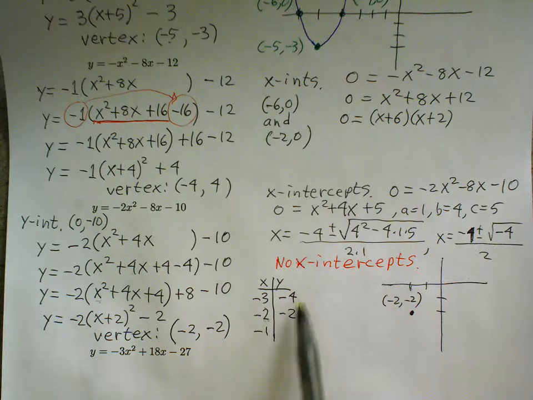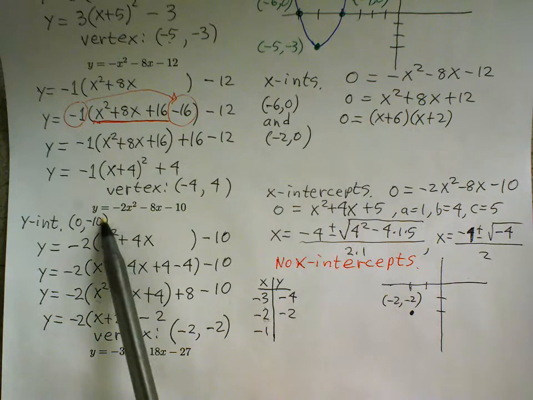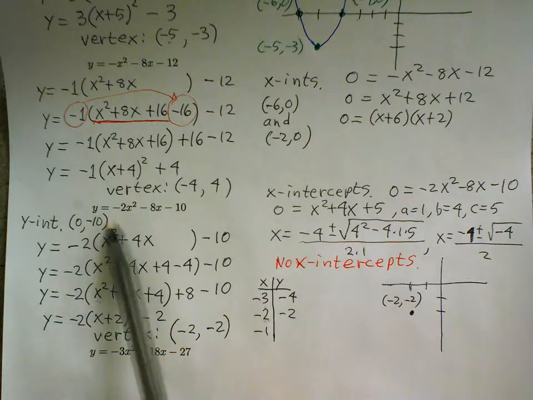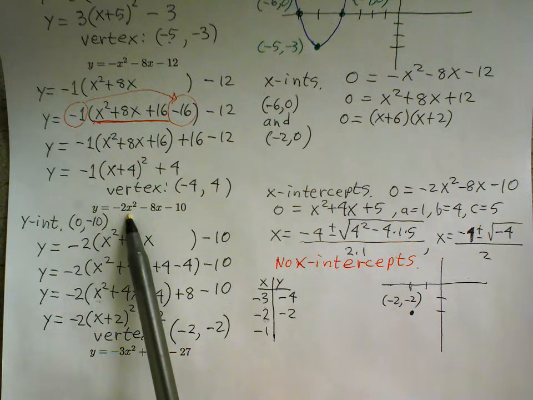By symmetry, we can conclude that the y-coordinate that goes with -1 is also -4. But even if you don't recognize the symmetry, we can still find the y-coordinate using arithmetic. This time replace x with -1.